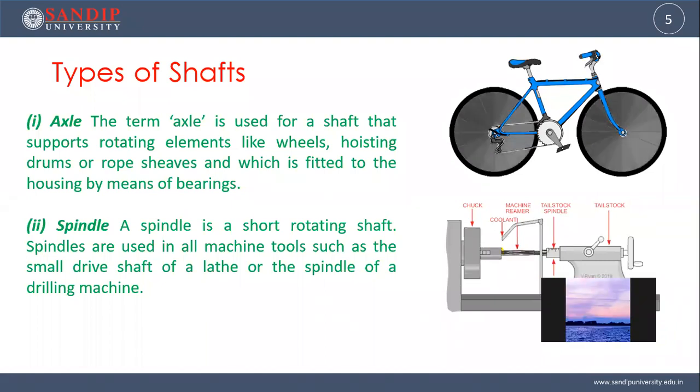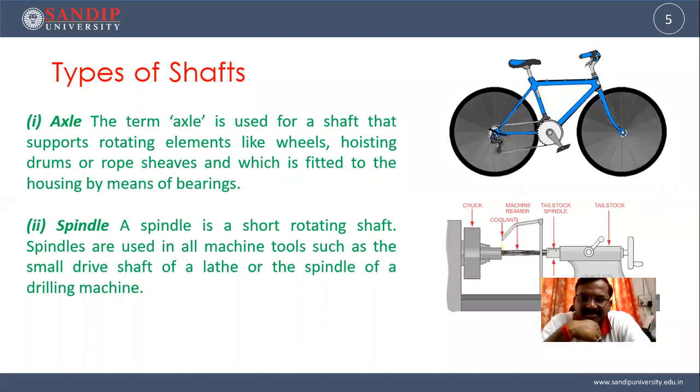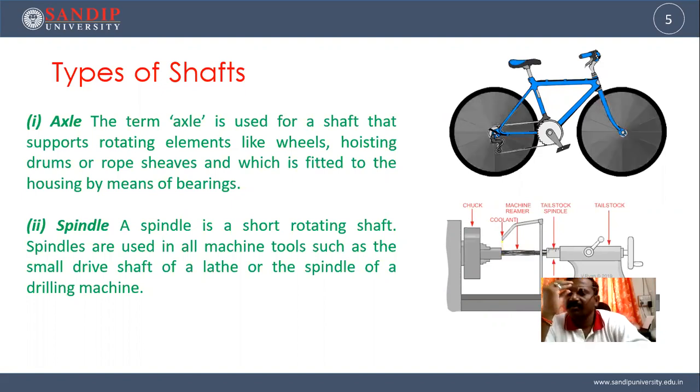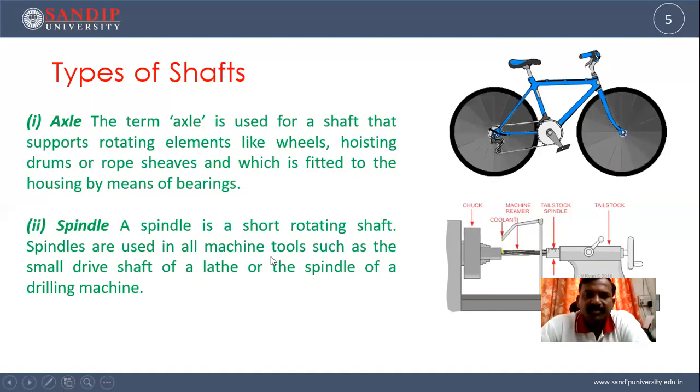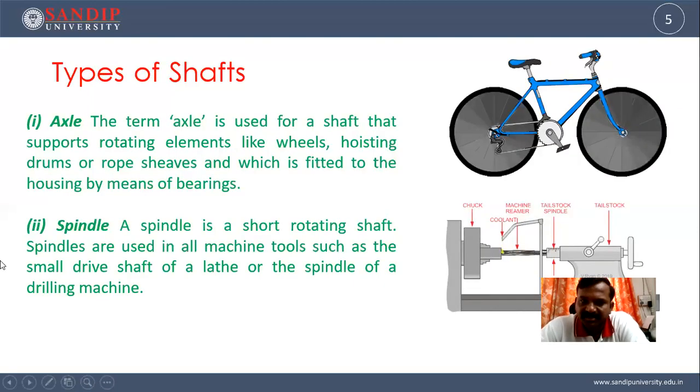To this spindle, we are attaching devices like chuck of the lathe machine or chuck of the drilling machine. So that is a spindle, which is just a small stub rotating shaft. The axle may be stationary, but the spindle will be always the rotating shaft.